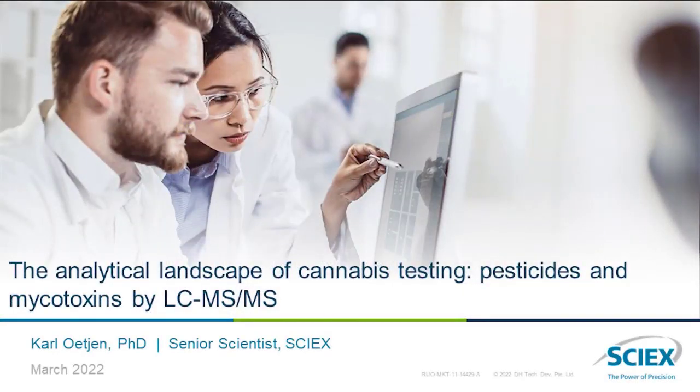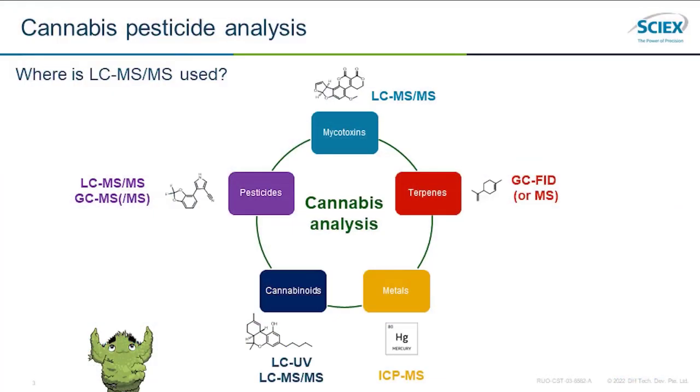I'm happy to talk to you about what's going on with LC-MS/MS in cannabis testing. We're going to be talking about the role that LC-MS/MS fills with pesticides and mycotoxins in particular. When we think about cannabis analysis and all of its different parts, there are a few different areas that LC-MS/MS fits into.